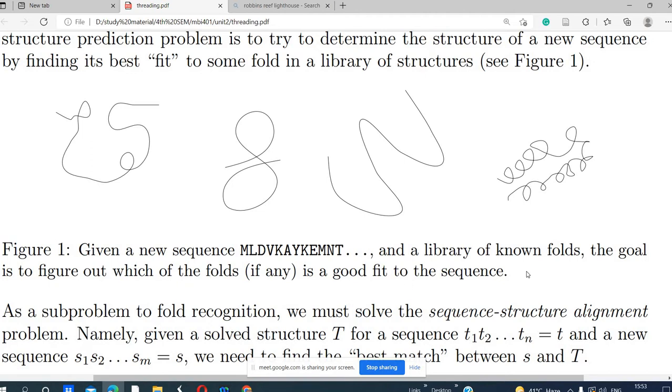Why are we doing this? Because in some cases, even if the sequence identity is low, different sequences can share the same structure or fold. Why does this happen?